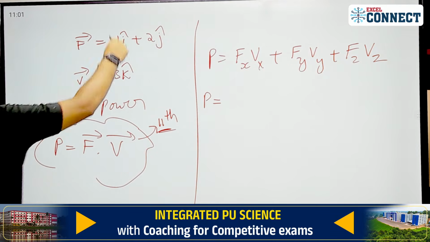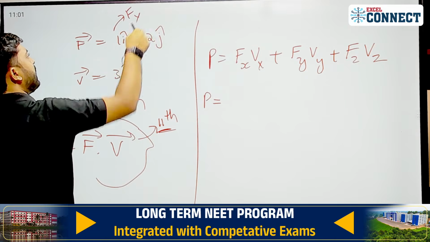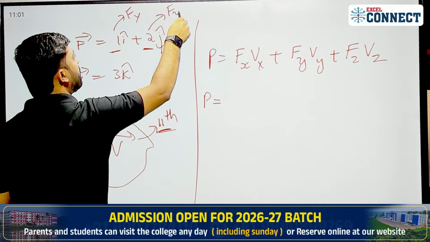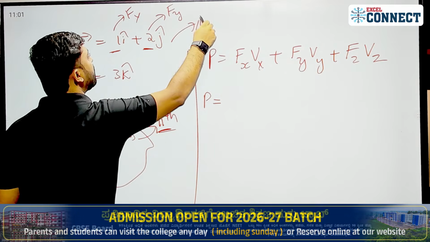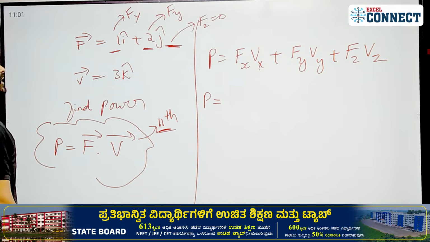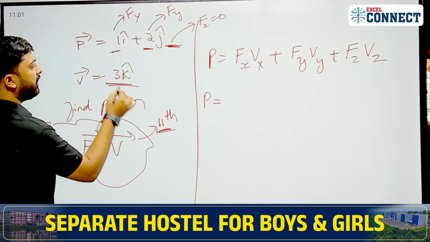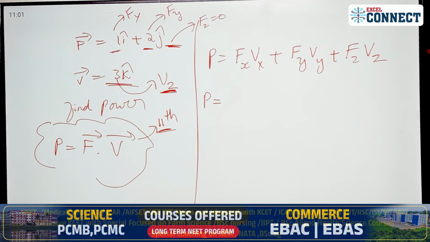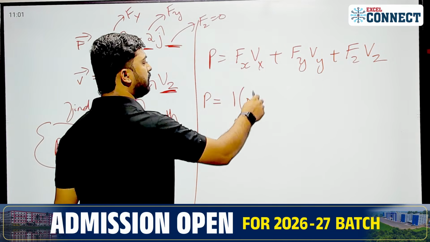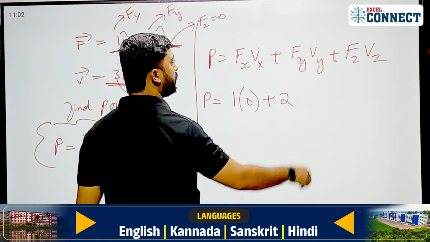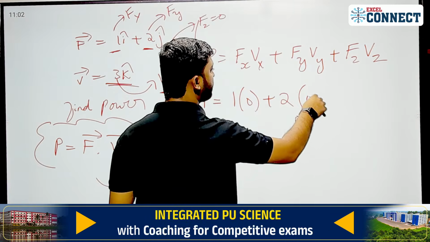What is Fx? Fx is 1. What is 2? 2 is Fy. And what about Fz? Fz is 0. You don't find any z coordinate. And here, what is 3? 3 is velocity in z direction. So if you use this, Fx is 1, Vx is 0, plus Fy is 2, Vy is 0.